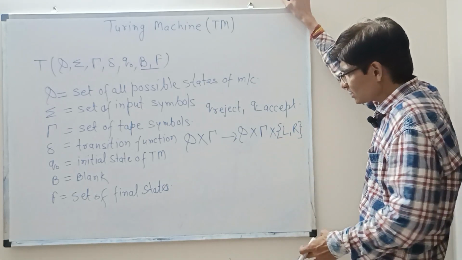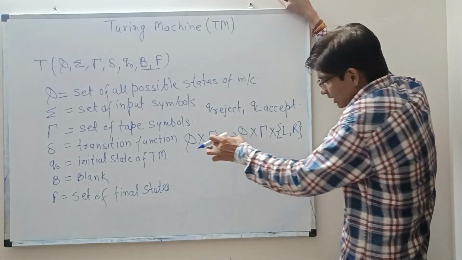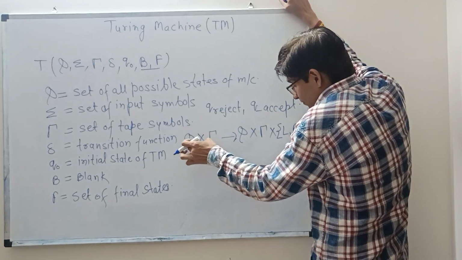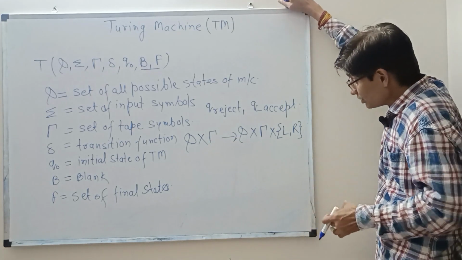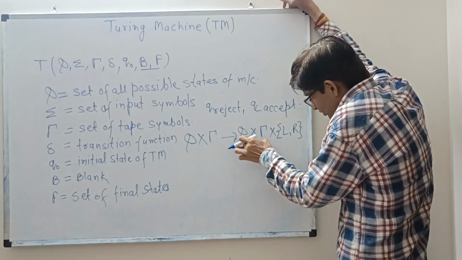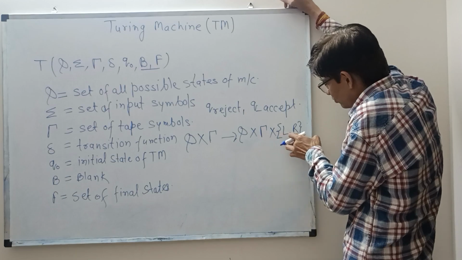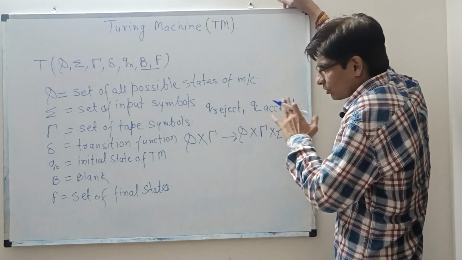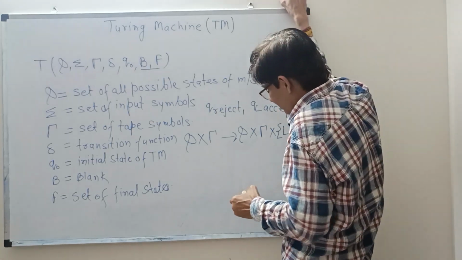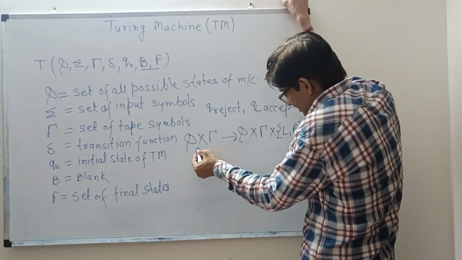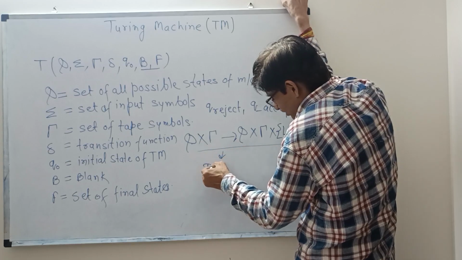I hope this is clear now. When for one combination of current state and current tape symbol you have only one new state, one tape symbol and one movement, left or right, it is known as a deterministic Turing machine. This transition function is for a deterministic Turing machine.